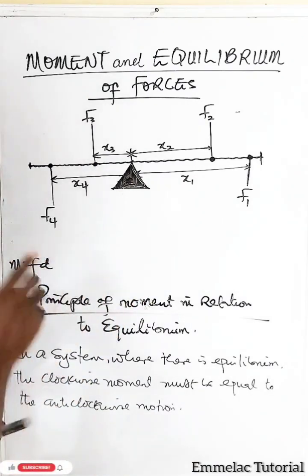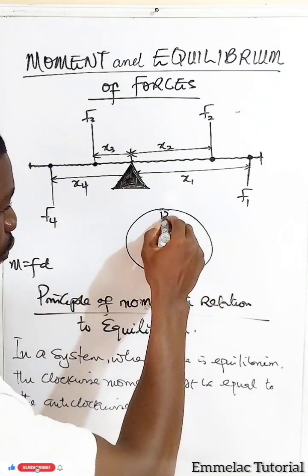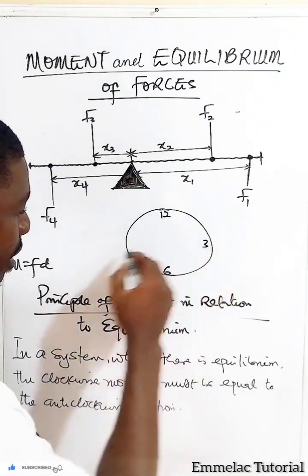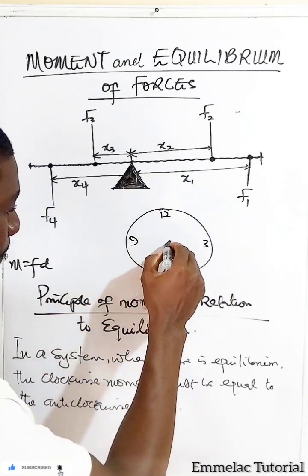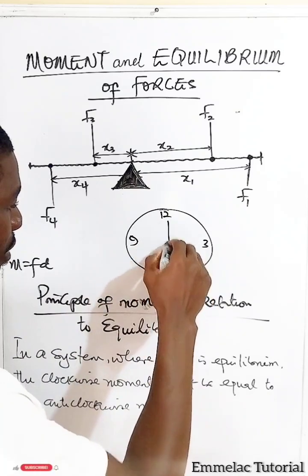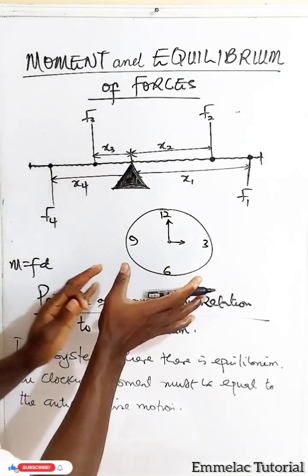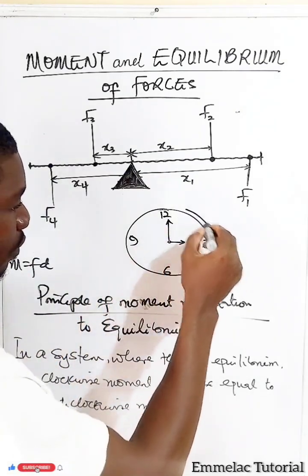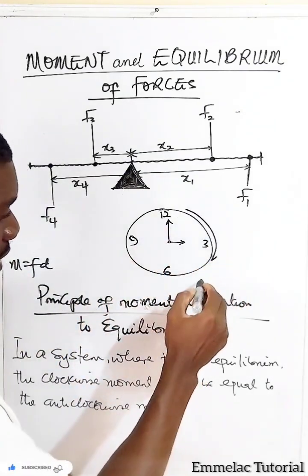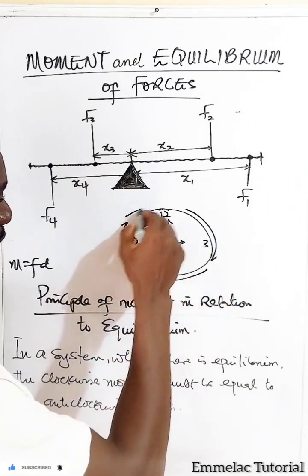Now for simplicity's sake, let me draw a clock. This 12, 6, 3 and 9. Okay, so probably this is the shorter hand and this is the longer hand. Now normally the movement of this clock always goes like this, okay, like this, right, like this.